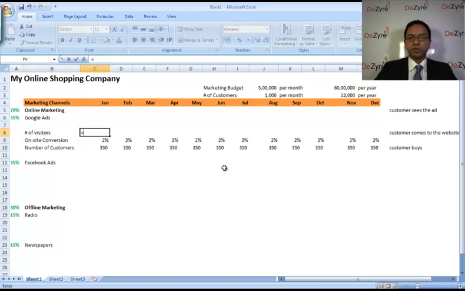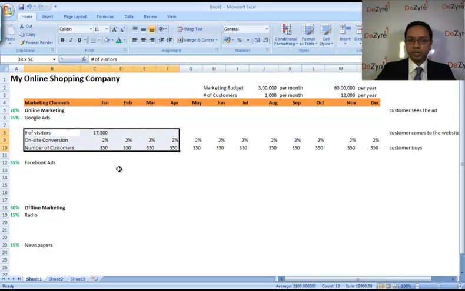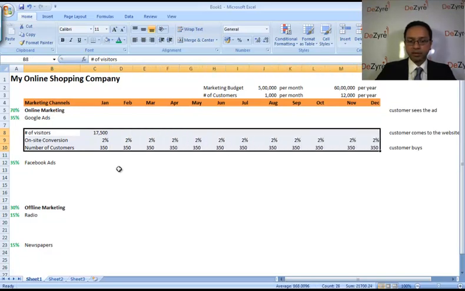So if 350 people buy, it's 2% of what? 350 divided by 2% is 17,500. That means 17,500 people have to come to your website in January, so that 2% of those, which is 350, ultimately buy from you. All right. So that's the number of visitors you need, and that concludes this whole math for Google Ads.